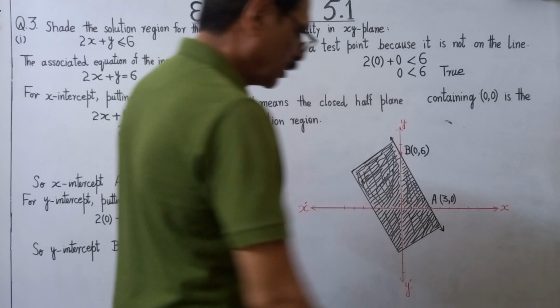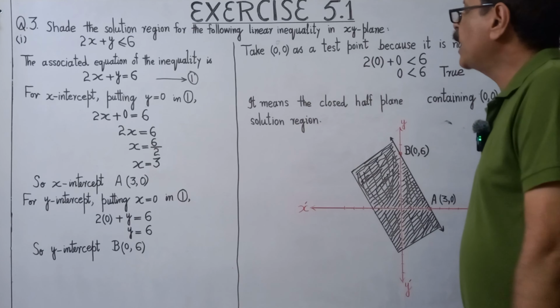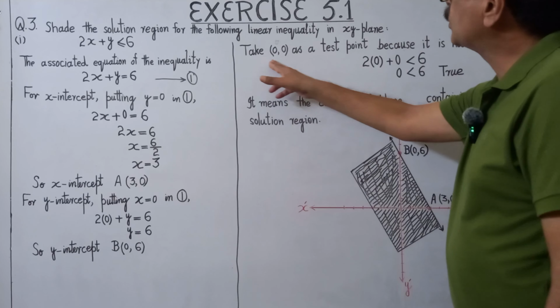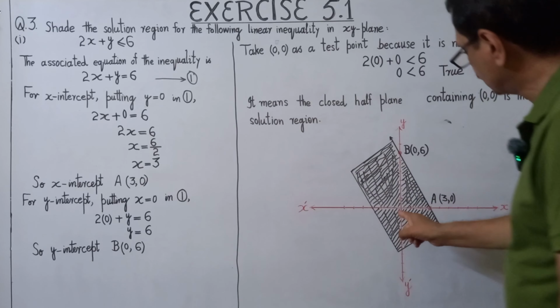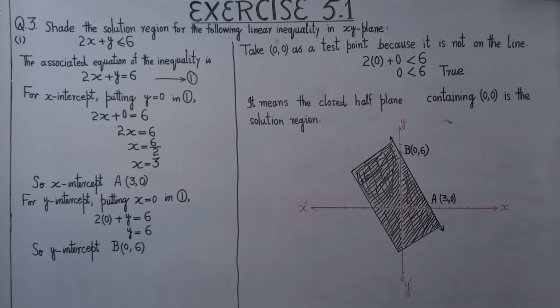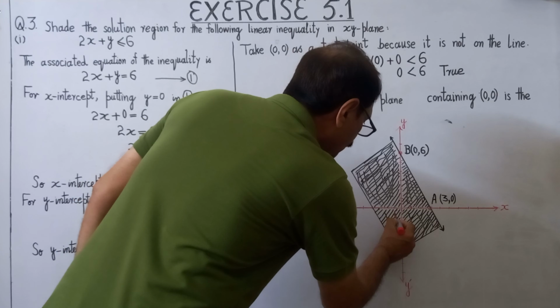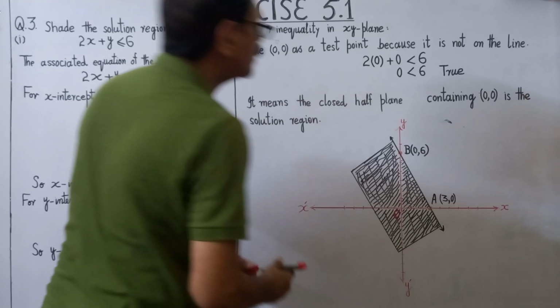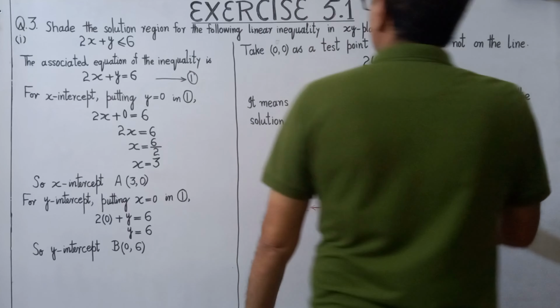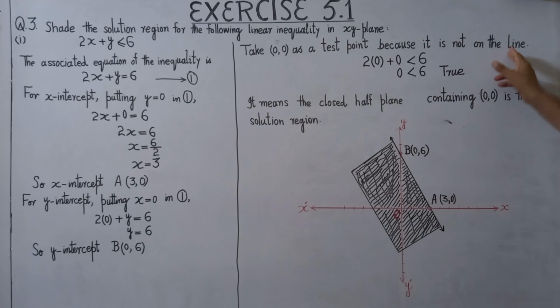After calculating intercepts, let us take 0, 0, which is the origin. Take 0, 0 as the test point because it is not on the line.